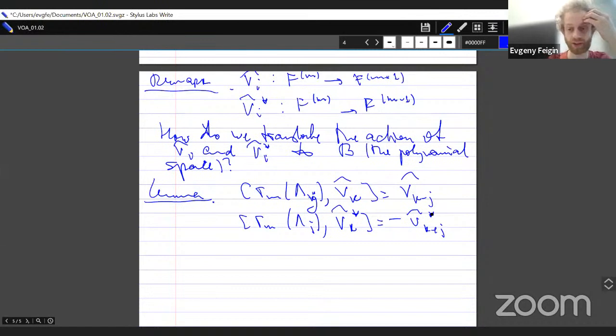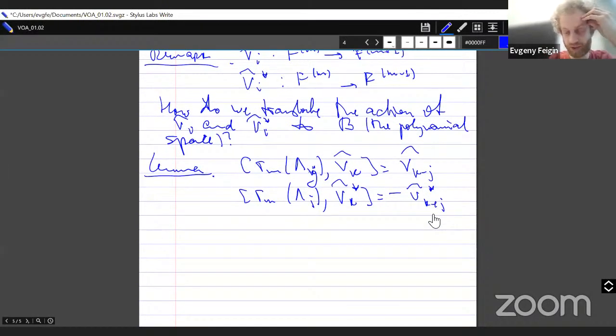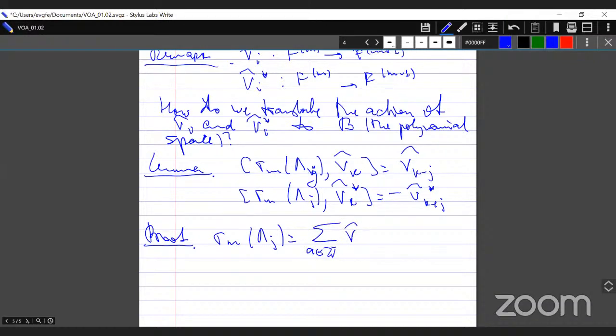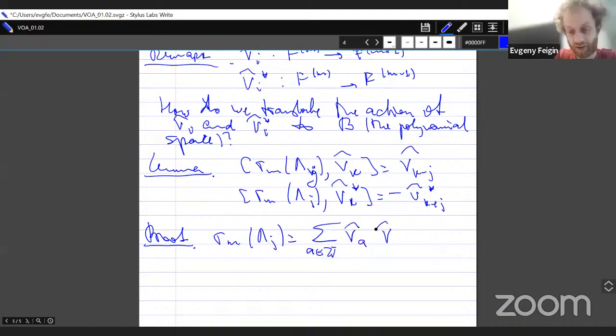So this is the claim, and actually the proof is rather simple. How do we show this? R of lambda j equals the sum over a from Z of v_a v_{a+j} star. Do you agree with such a formula?